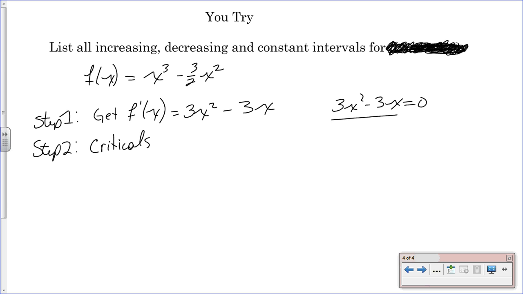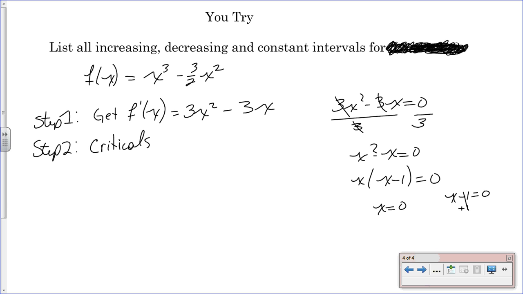We can divide both sides by 3 to get rid of that 3, which cancels here, here, and here. So we just have x squared minus x equals 0. We can factor out an x and then set both factors equal to 0. So x equals 0, x minus 1 equals 0, so x also equals 1. So we got our criticals.